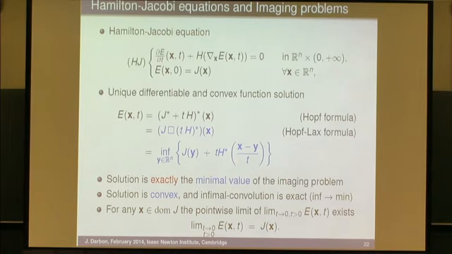Because it's an infimal convolution between two convex functions, E is convex in both variables, as I explained why we observed convex energies before. And you have a pointwise limit. You can have a stronger convergence, but that's enough for what we are dealing with.